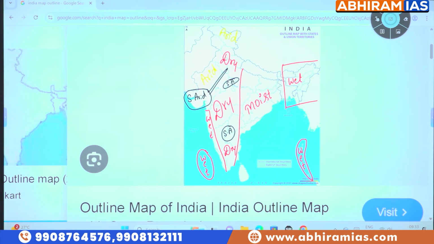Gujarat, Western Rajasthan, Bundelkhand, parts of Andhra, Karnataka, Telangana.